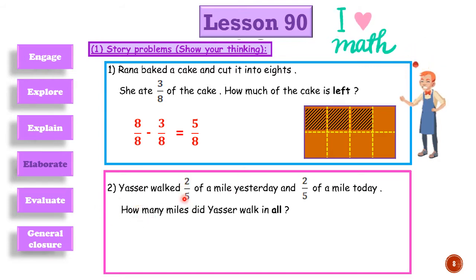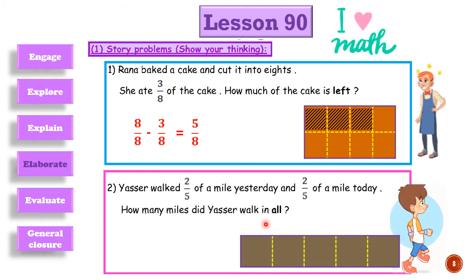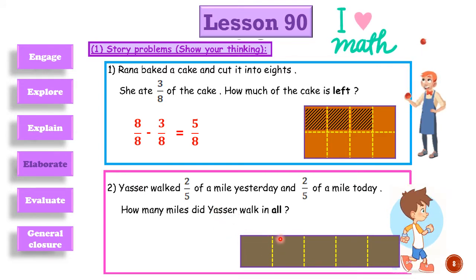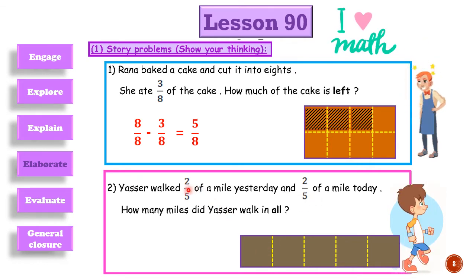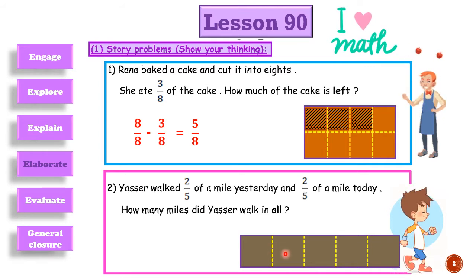Yasser walked 2/5 of a mile yesterday and 2/5 of a mile today. How many miles did Yasser walk in all? If this is the mile, I distribute it into 5 equal parts because our denominator here is 5. On the first day, he walked 2/5, then I colored 2/5. And on the second day, he walked 2/5.